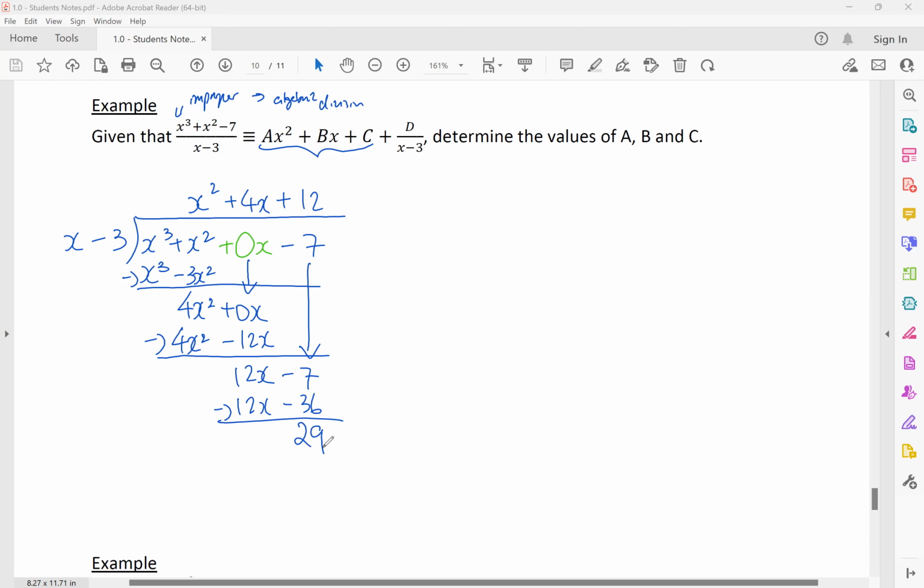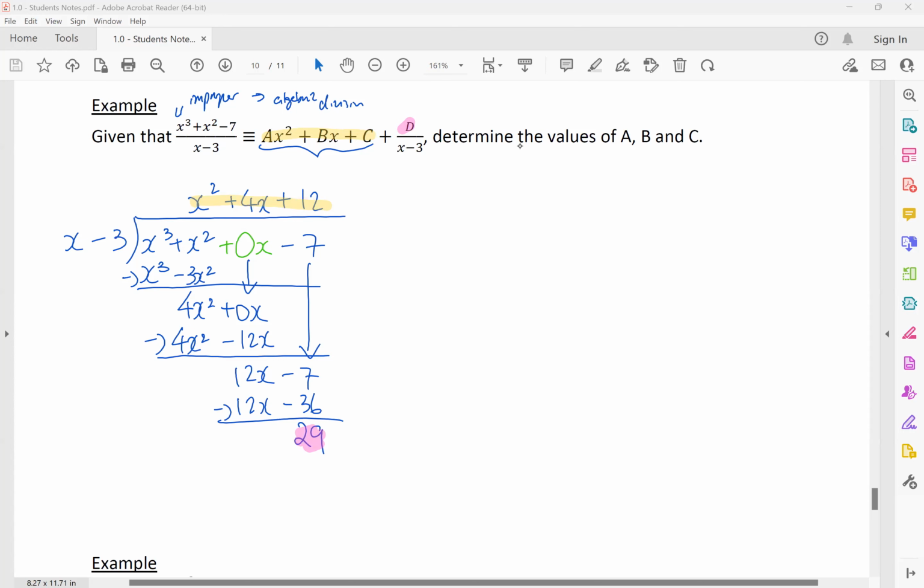Now, you will expect a remainder because there is a remainder. So how we write this is, if you have a different color of highlighter, this is the best time to use it. x squared plus 4x plus 12 will go into here. The remainder will go in there.